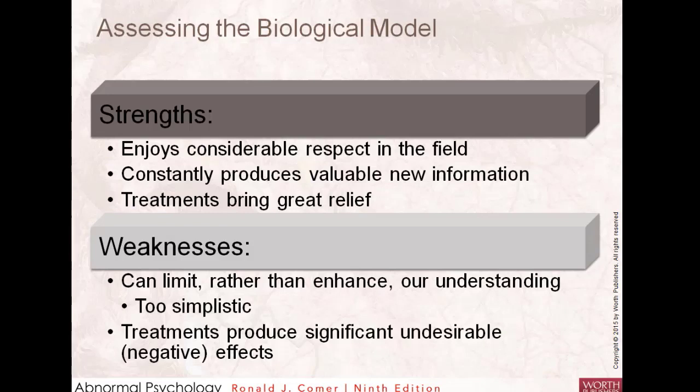Any kind of medication has a risk of side effects, and some of these side effects are pretty substantial still, even though we have worked hard to reduce those. So we have no perfect models, but even people who have a more psychogenic view of where psychological problems come from would still say that there are certainly situations where the biological model is appropriate. We know that there are genetic contributions to psychological problems.